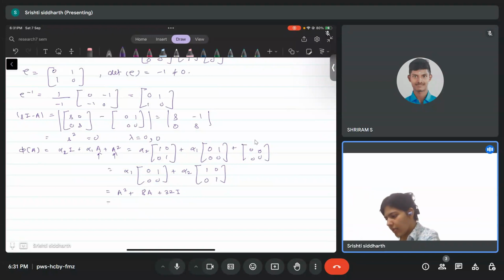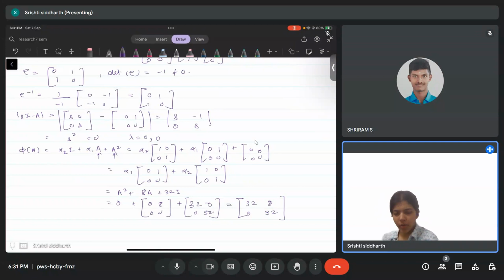So then we have 0 plus [0 8; 0 0] plus the identity matrix times 32, [32 0; 0 32]. Component-wise addition gives [32 8; 0 32]. So this is phi of A.